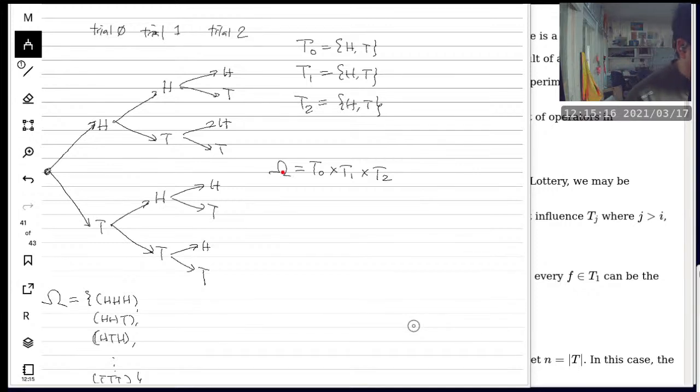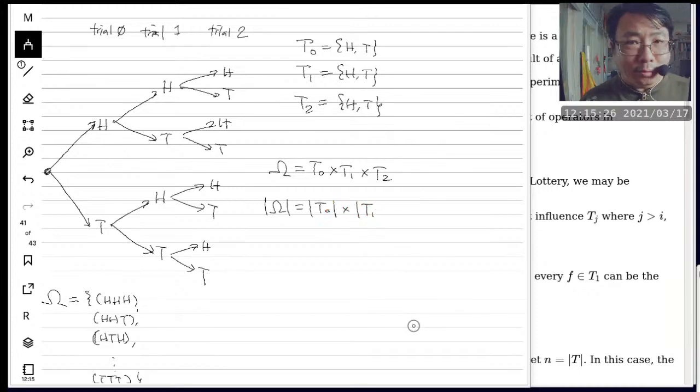So when we look at the cardinality of omega, it is the cardinality of T0 multiplied by the cardinality of T1 multiplied by the cardinality of T2, and that is why we use the pi notation.